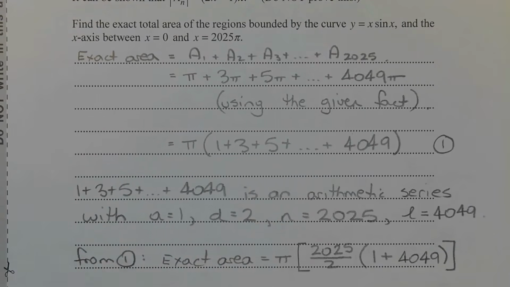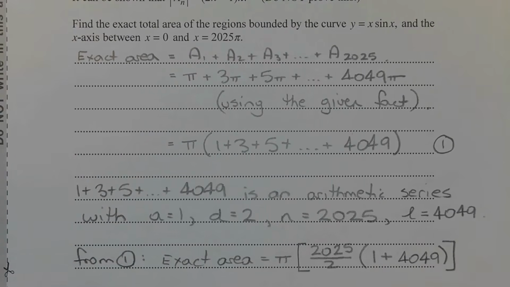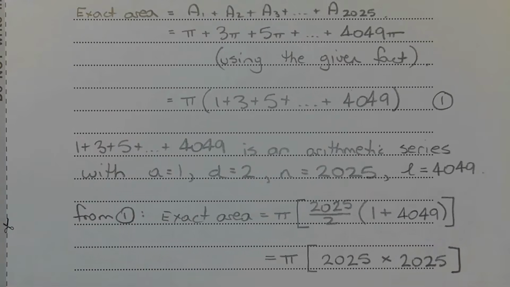So from equation number 1, the exact area is equal to pi times 2025 over 2 times open bracket 1 plus 4049 close bracket. So evaluating what's inside the square brackets, we get pi times open square bracket 2025 times 2025 close square bracket.